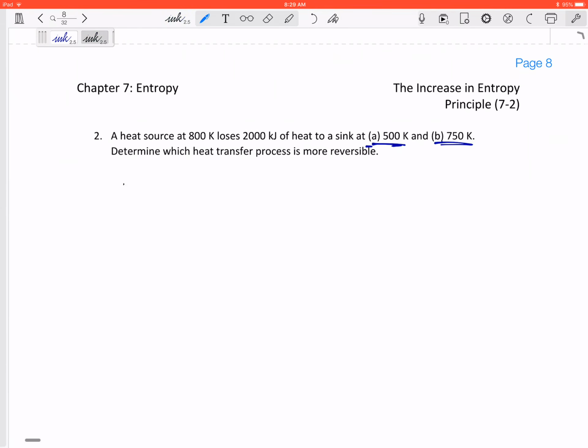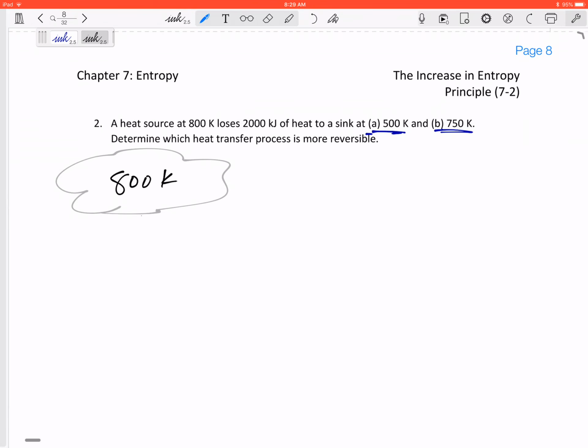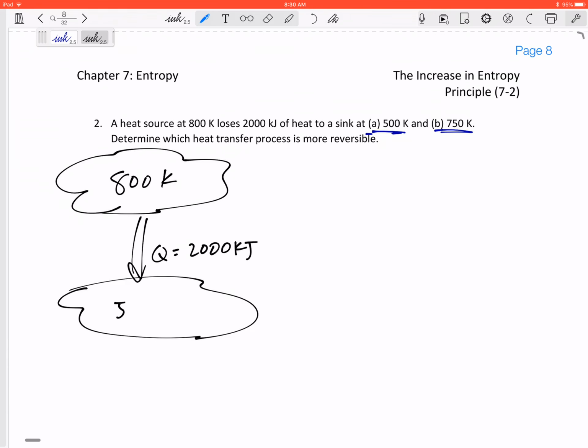So we've got some 800 Kelvin source, and it is losing Q, 2,000 kilojoules of heat to part A, a 500 Kelvin sink.